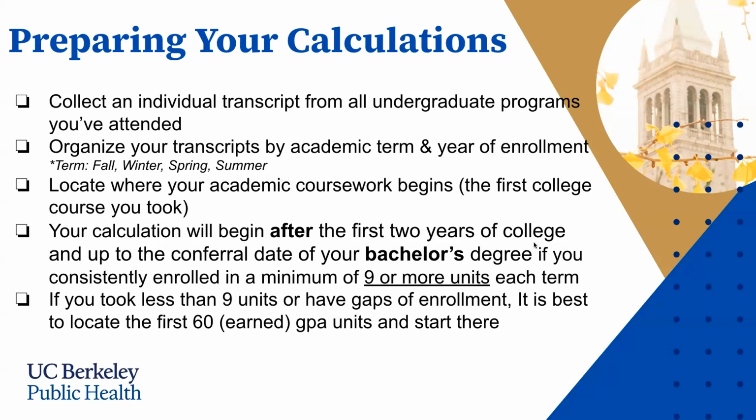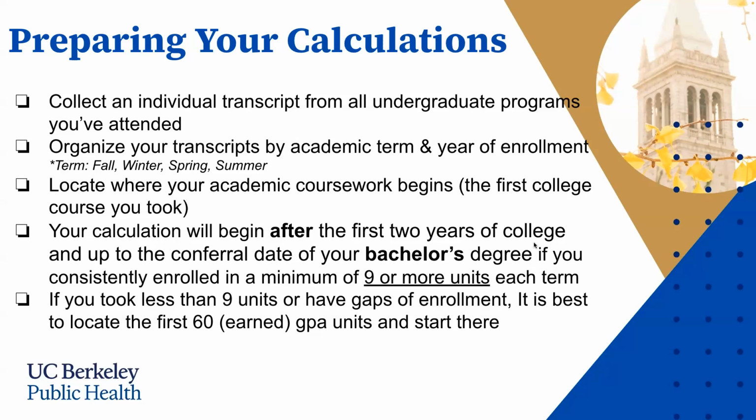Your calculation will begin after the first 2 years of college and run up to the conferral date of your bachelor's degree, if you consistently enrolled in a minimum of 9 or more units each term. Now, in some cases, you may have taken large gaps or you may have taken less than 9 units, so your enrollment is a little inconsistent. If that's the case, it is best to locate the first 60 earned GPA units and start there.